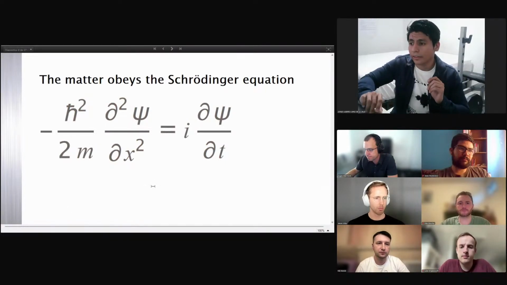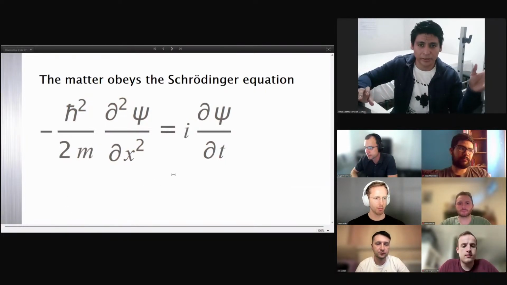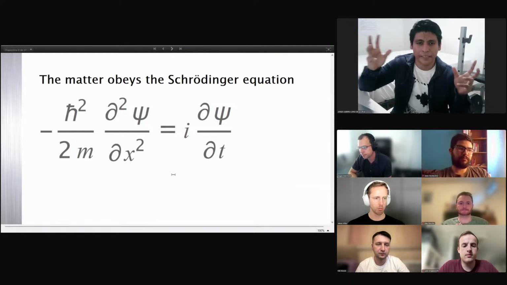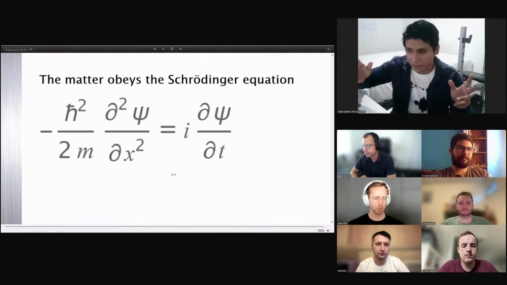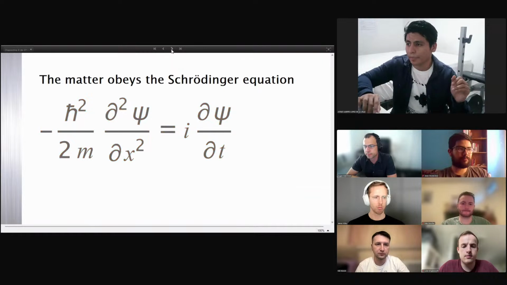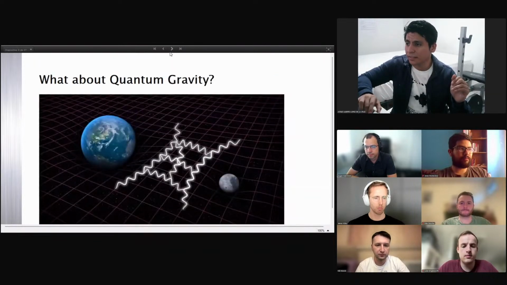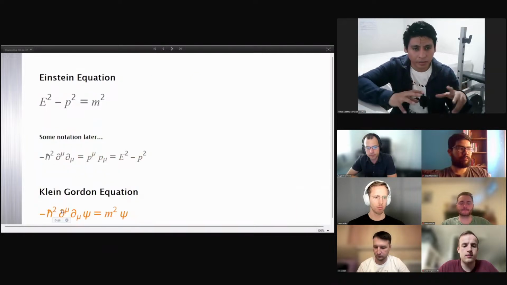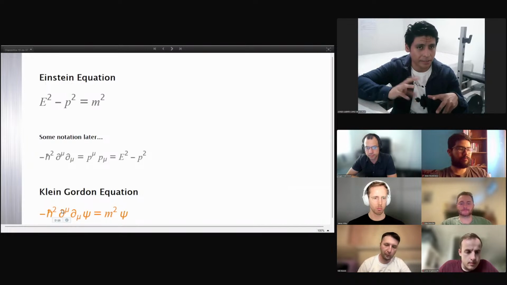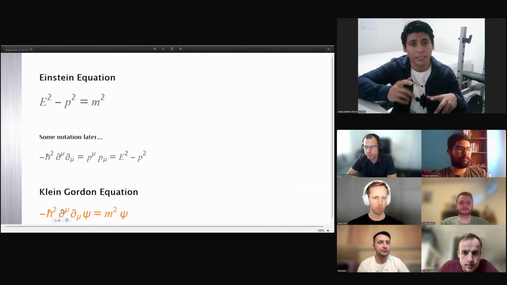All right, here we have a second order differential operator in space, and here one differential operator in time. We have two options to get the same on the left or the right: first order operators or second order operators. The first attempt, the Klein-Gordon equation, is a second order operator, but it has problems with the probabilities.